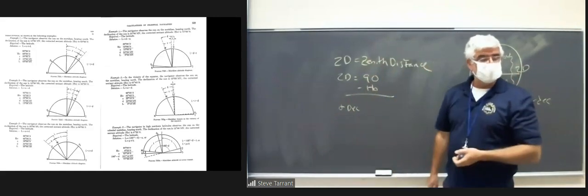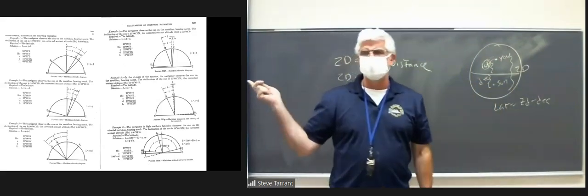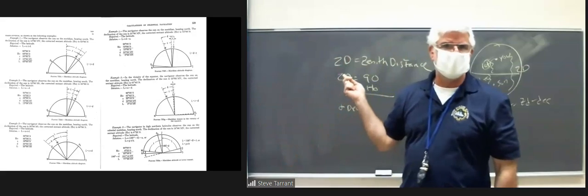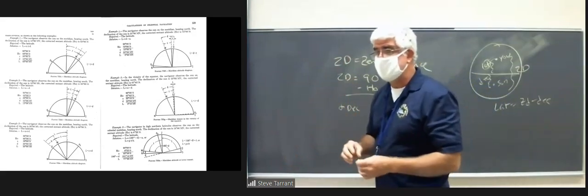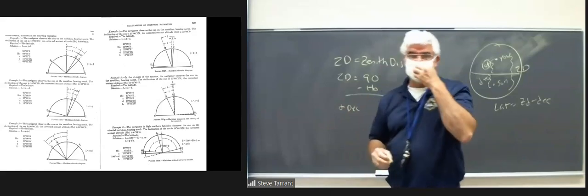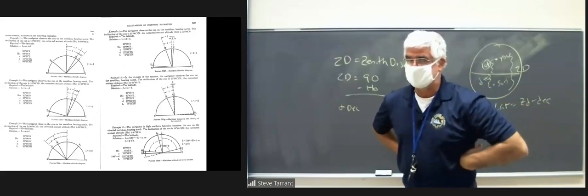All right, so this is the page in Bowditch. It's actually two pages, page 538 and 539. Did you draw diagrams kind of like this? I'm going to show you exactly how this page is organized. If you're at home, pull your books out, get your pencil out.